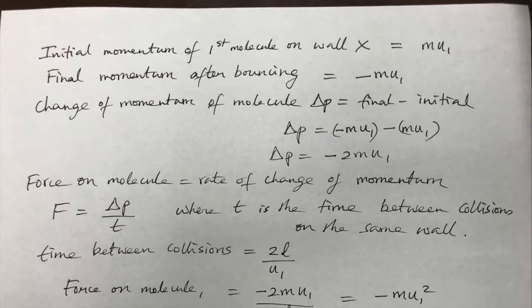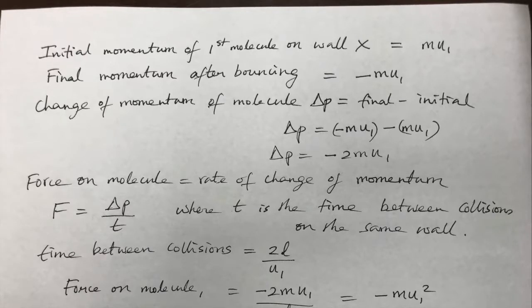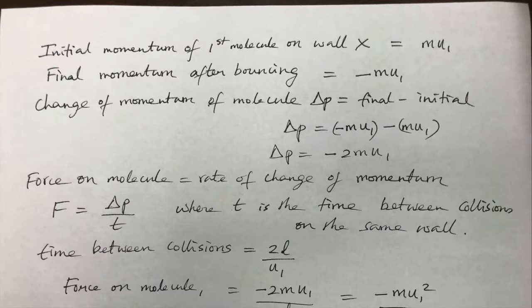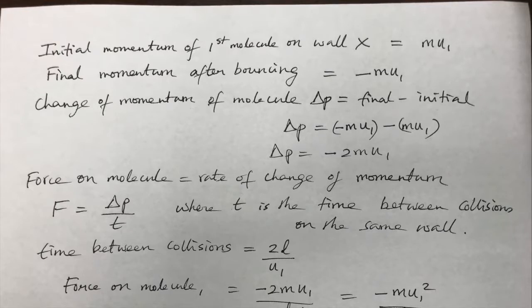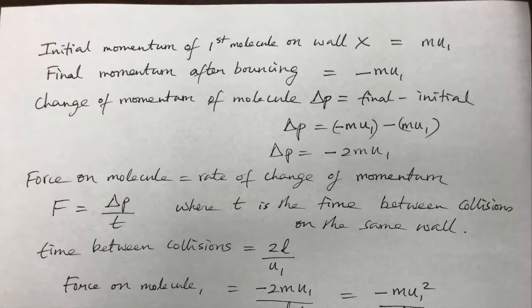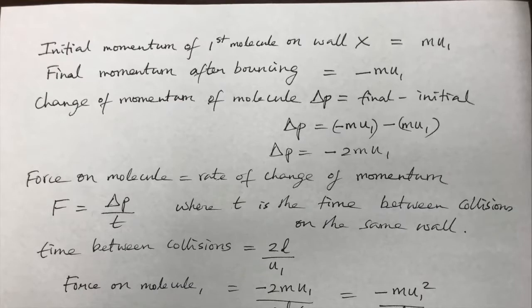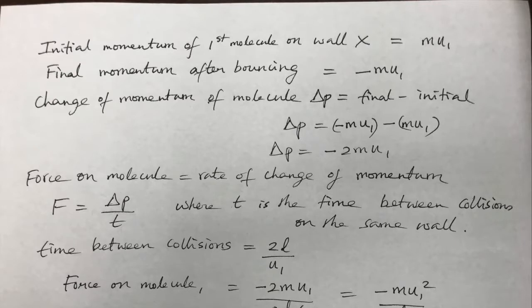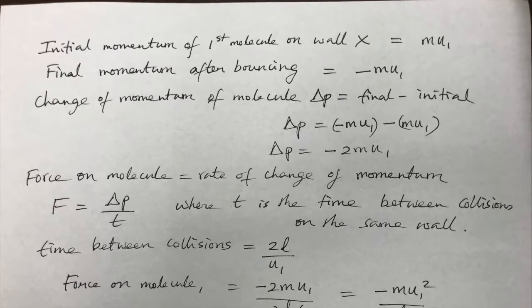This is the momentum with which it's going to hit this wall, the x wall. What's the final momentum? Negative m u1.